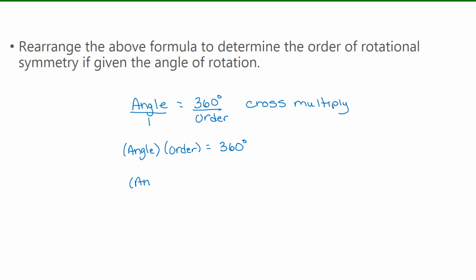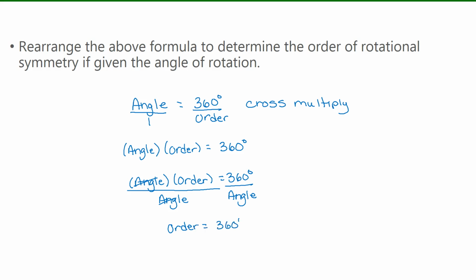Now, if I'm trying to get the order all by itself, I should now divide both sides by the angle. So now I get this formula. To find the order of rotational symmetry, you take 360 degrees and divide that by the angle of rotation.